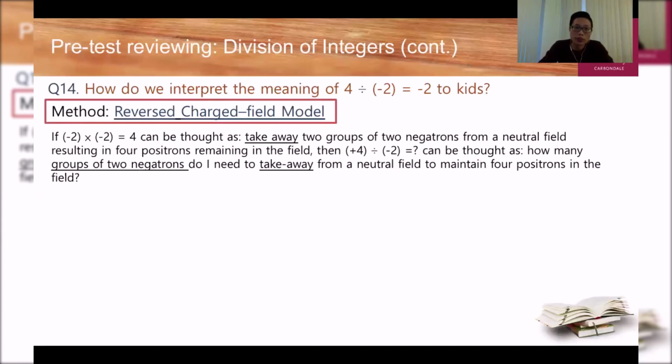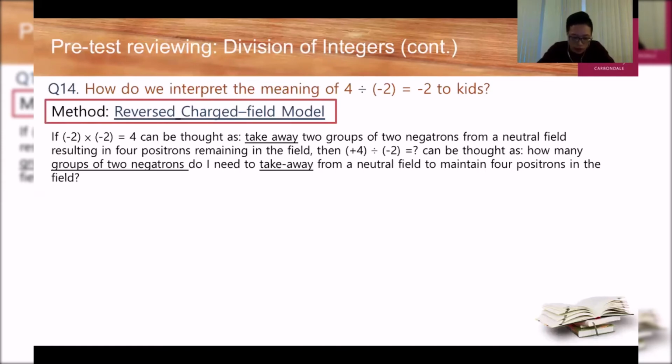let's recall a rule from when we use the charge field model in multiplication. Negative 2 times negative 2 is 4 can be thought of as: I take away 2 groups of 2 neutrons from a neutral field, resulting in 4 positrons remaining in the field.